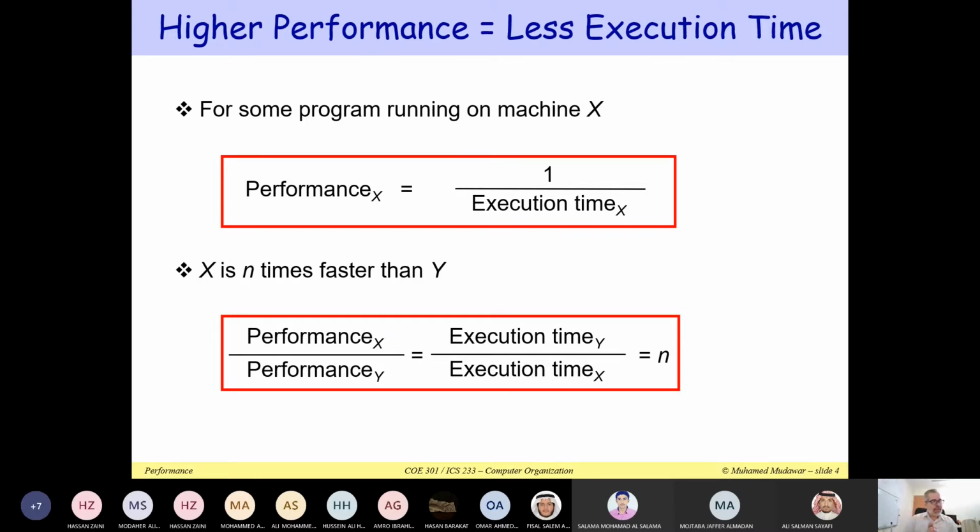Or in other words, the execution time on Y will be twice the execution time on X. So when you divide the execution time on Y by the execution time on X, you get 2. Is this clear? It's a very simple definition.